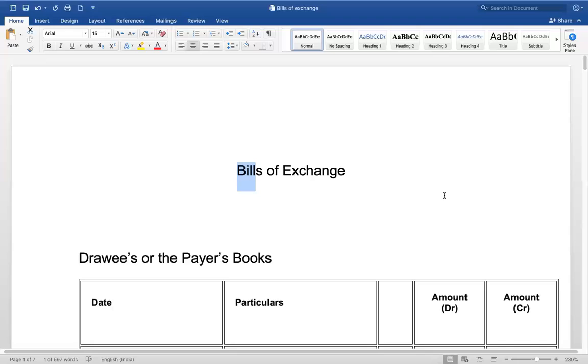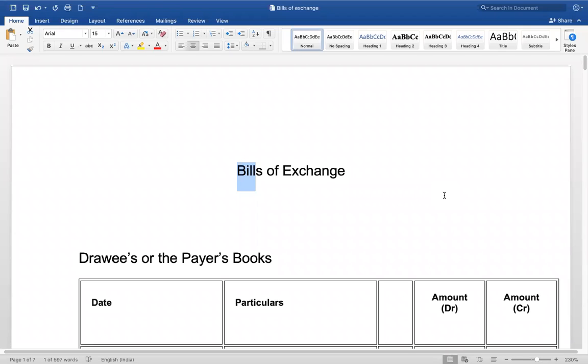When the third party takes the bill and collects the money, he becomes the payee. Now, when the amount is not paid on the bill, that is called the bill being dishonored. A bill is dishonored.